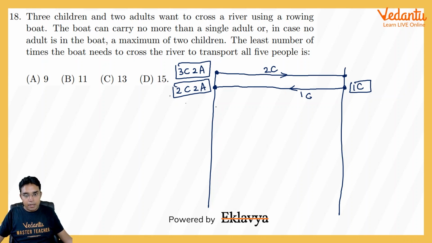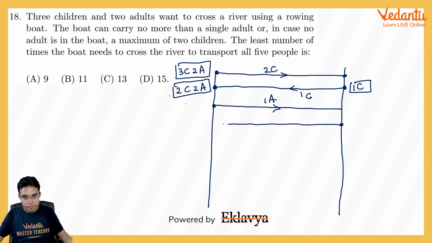Then, now I am free to send either 2 kids there, or maybe 1 adult can also be sent now, because if you send 1 adult, then there is 1 kid out there who can bring this boat back. So after this, we will be having only 1 adult here, because this 1 kid will be coming back. So effectively, after making these 4 rounds, we are having 3 kids here and 1 adult here.